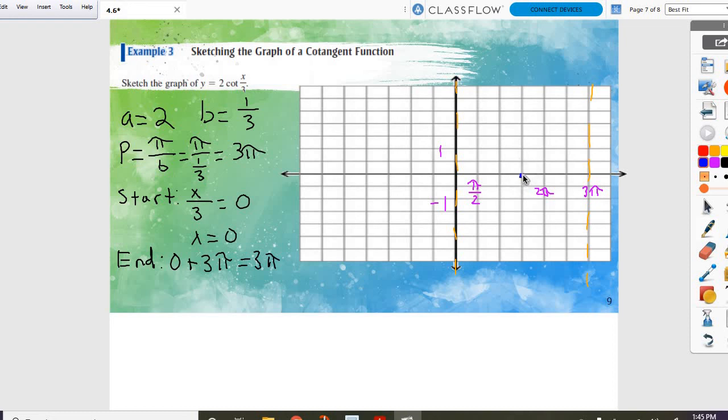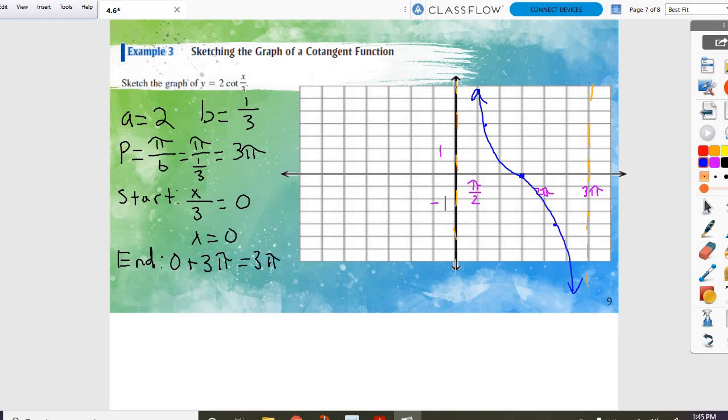Halfway in between, at that 3 pi over 2, is going to be our 0. And then remember that halfway in between, normally we would be at 1, but notice that our graph has been stretched because of that 2 value with my A. So our graph would look something like that.